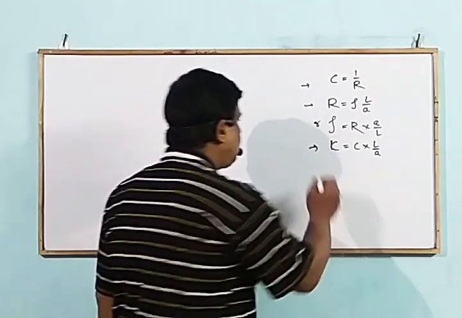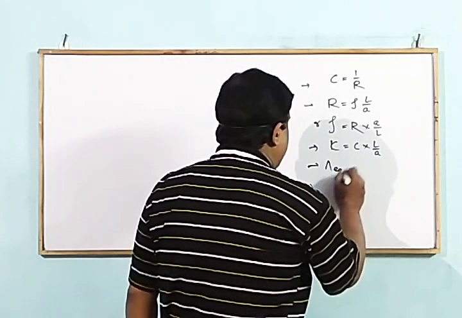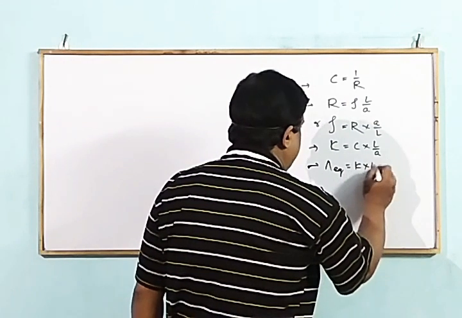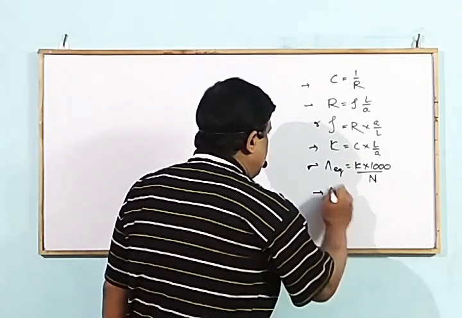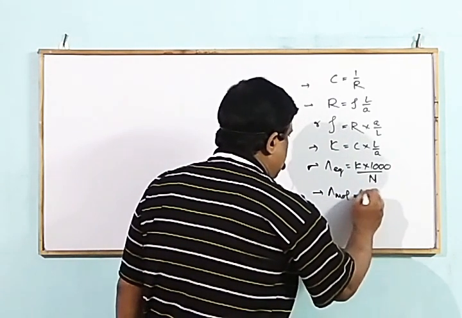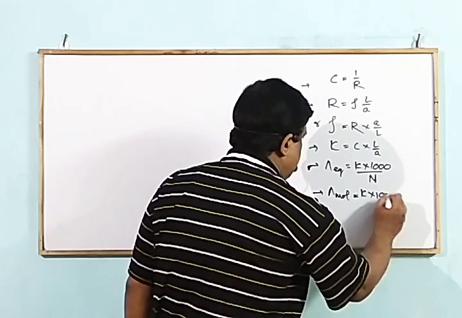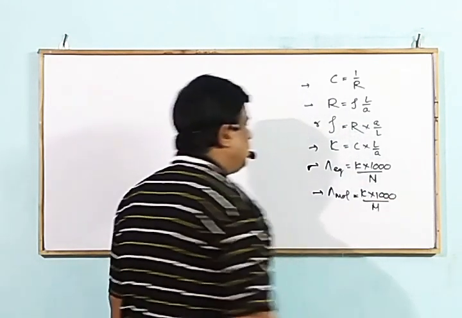Next, equivalent conductance is kappa into 1000 by normality. Molar conductance is kappa, the specific conductance, into 1000 by molarity.